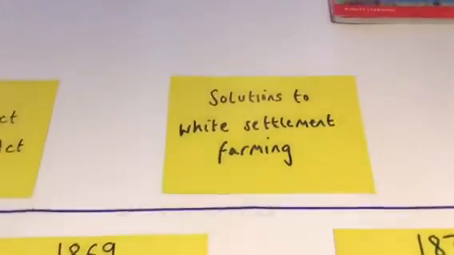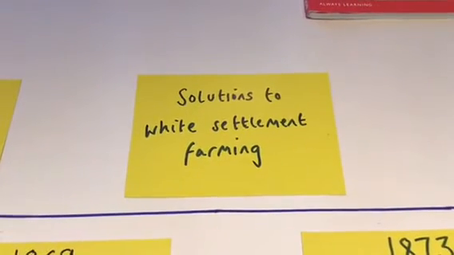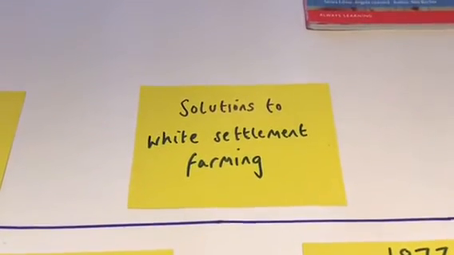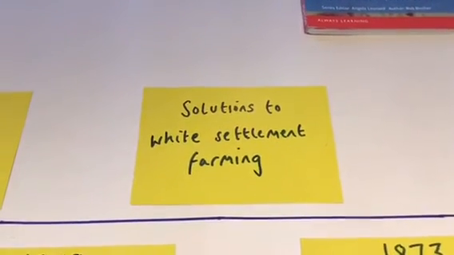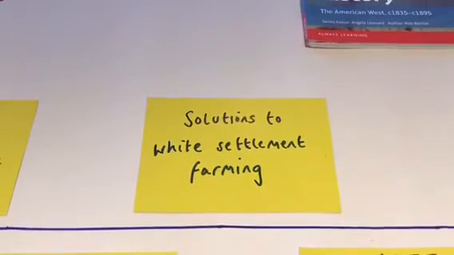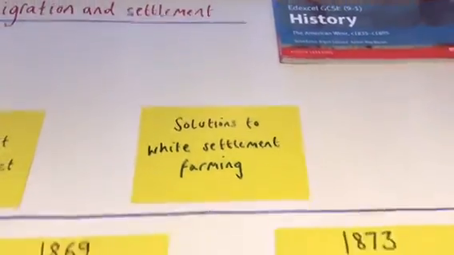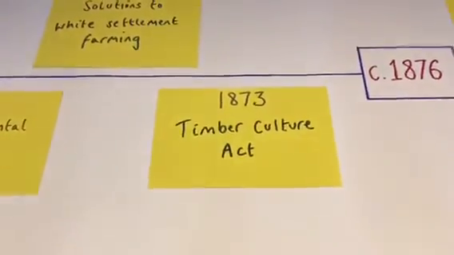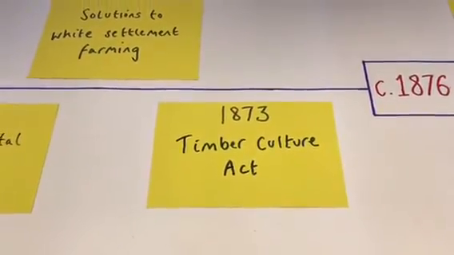The next revision card is described as the solutions to white settlement farming. As more people came onto the plains, they started to come up with some potential solutions to those problems of trying to farm the plains that we learnt about on the earlier revision card. And then finally, one more act, something called the Timber Culture Act of 1873.